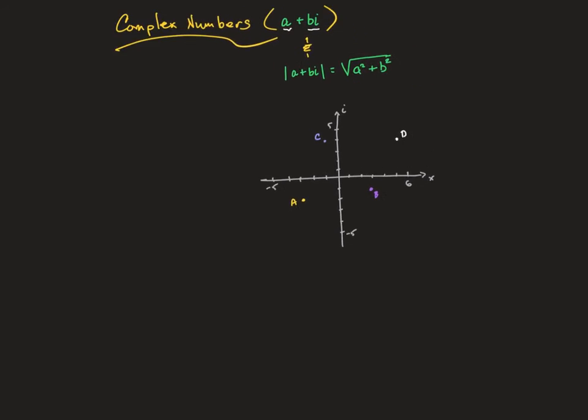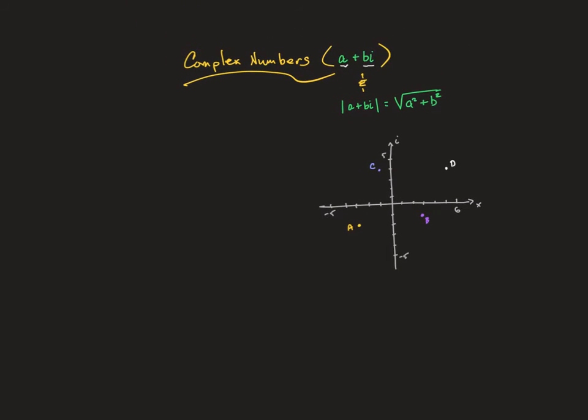So now I want to look at remembering some of the stuff here. If I look at A, the ordered pair for A is going to be, it looks like, negative 3, negative 2. Okay, so this is my i column, and this is my real number column. So I would rewrite point A, negative 3, negative 2, which equates in a complex number to negative 3 minus 2i.